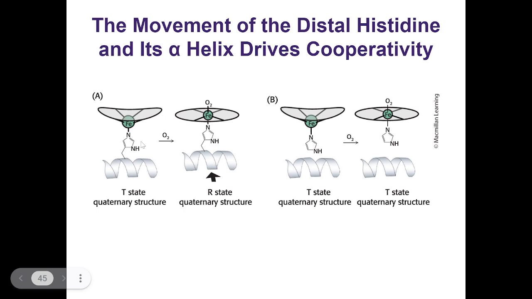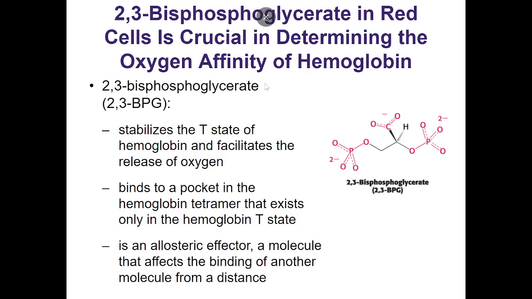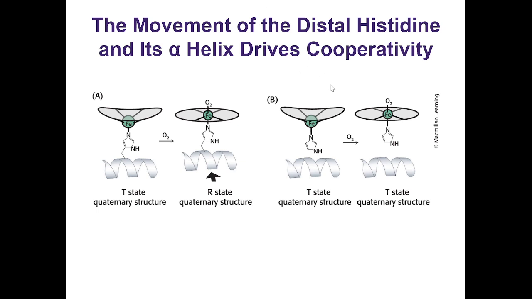So when we bind one of these, it's going to cause it to go more into the R state, right? Which is then going to relax this pull here and allow more oxygens to more easily bind. Does that make sense so far? Fantastic. Okay, excellent.